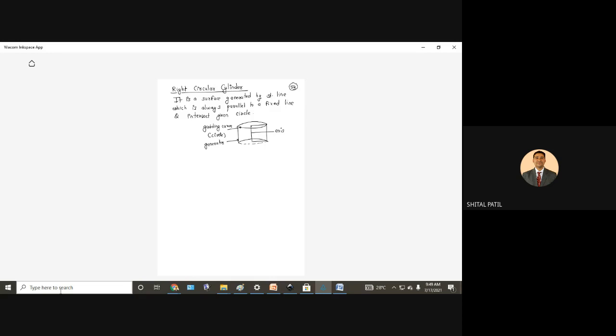Section means intersection. The section of a cylinder by a plane perpendicular to the axis is, if we cut the cylinder, what will be the intersection of the plane and cylinder?